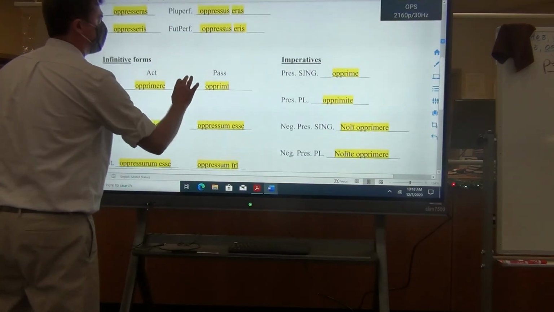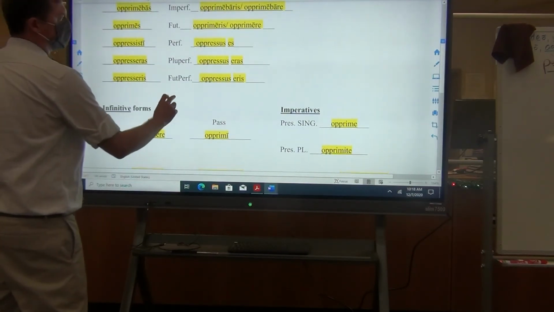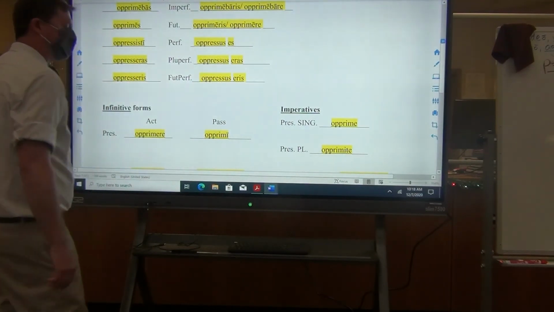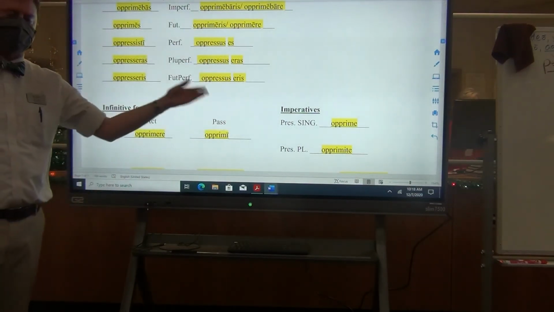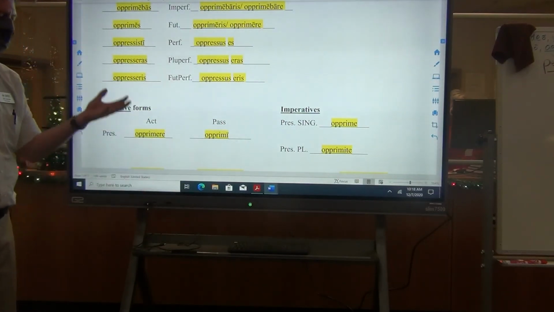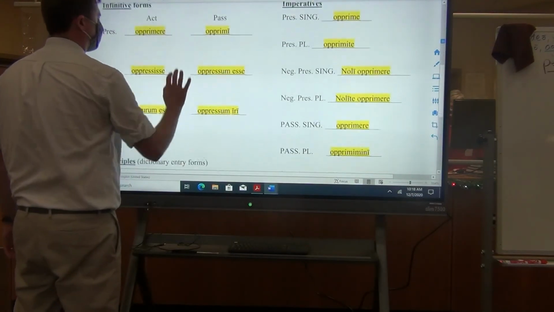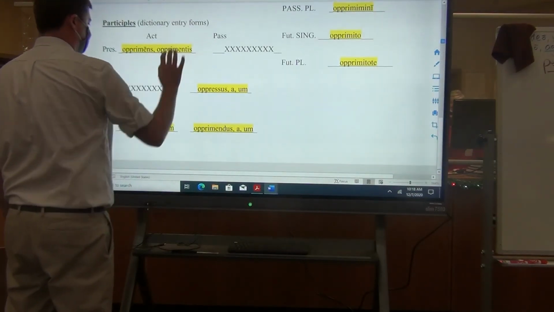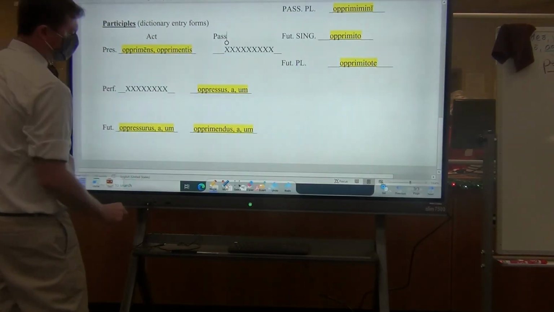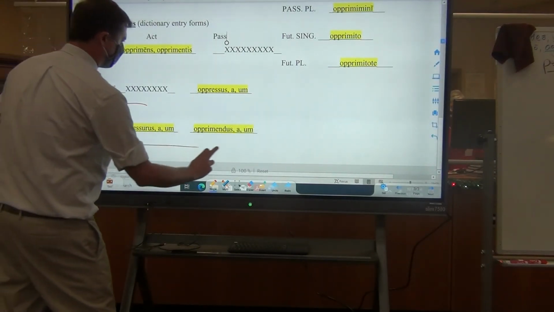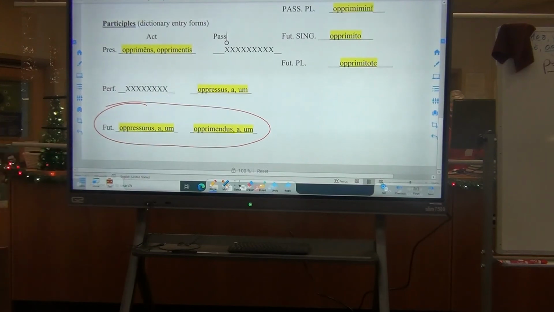There we are. These 3 right here, oppressus es, oppressus eras, and oppressus eris, most Latin teachers wouldn't refer to them as periphrastics. I call them that because they are. They technically meet the definition, but most Latin teachers would reserve the term periphrastic for the combination of these 2 participles combined with a form of the verb to be.